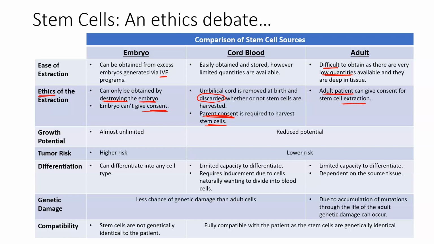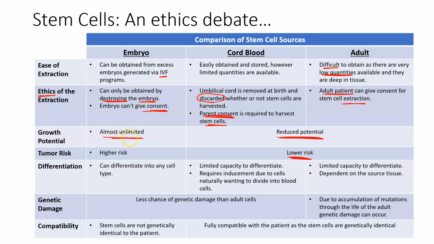The growth potential of embryonic stem cells is almost unlimited because the embryos haven't had an ability or time to differentiate or specialize at this point. They can grow almost without limit. The cord blood and adult stem cells, because they're a little more specialized at the time of harvest, have much reduced growth potential, but they still are stem cells and have the ability to grow at a lower risk of developing a tumor.